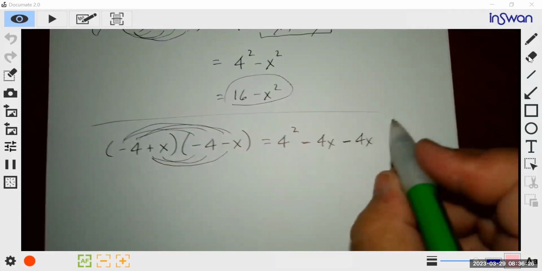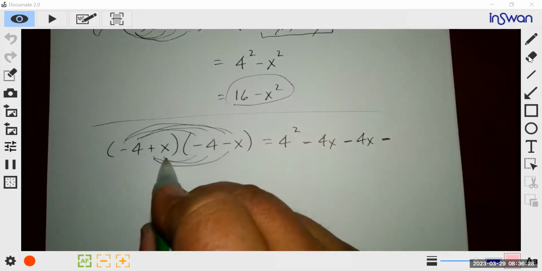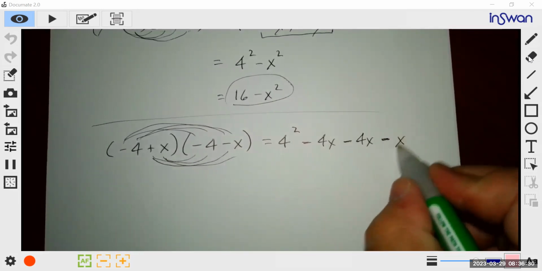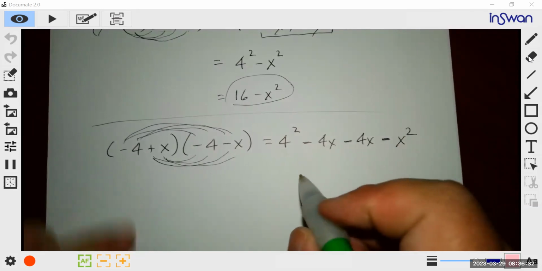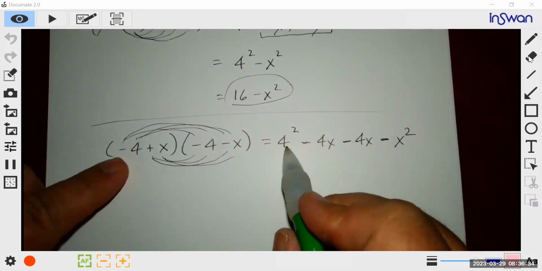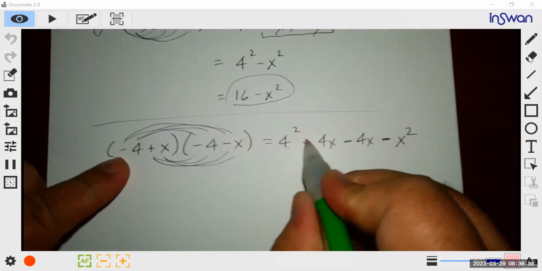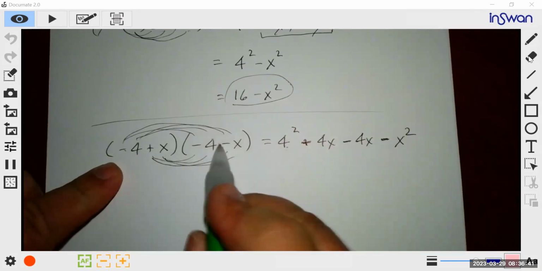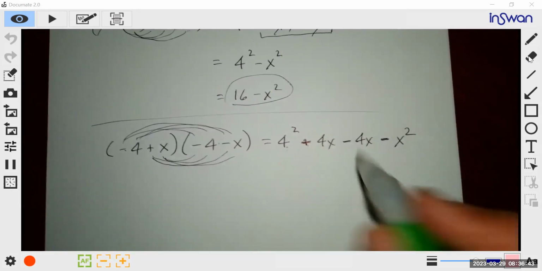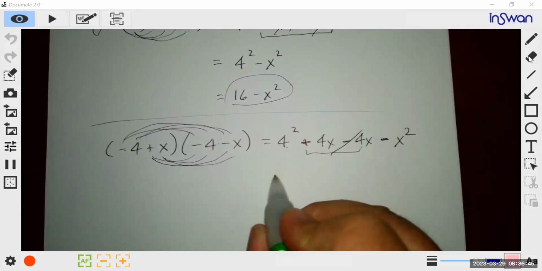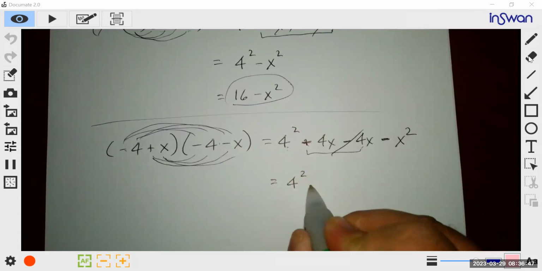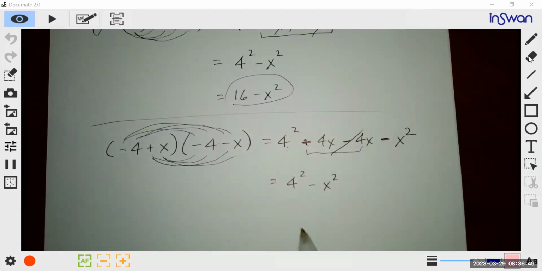Positive times negative is negative. X times X is X squared. Well, this is positive 4X. This is positive 4X here. Negative times negative is a positive. The middle terms cancel. We're left with 4 squared minus X squared. It's the difference of two squares.